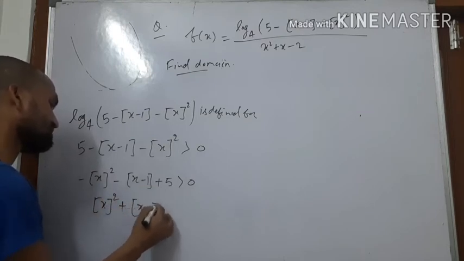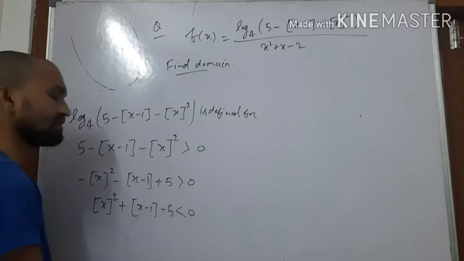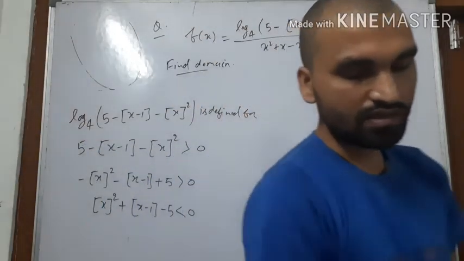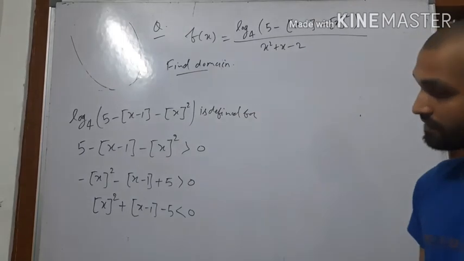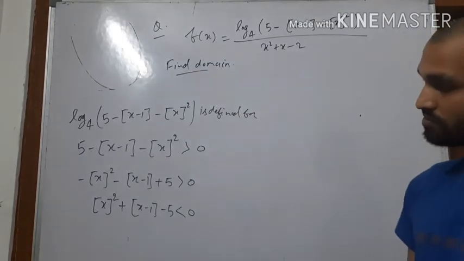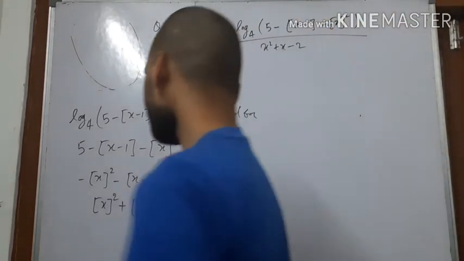So after altering the sign, we find that greatest integer of x square plus greatest integer of x minus 1 minus 5 is less than 0. Now we should use the property of the greatest integer.